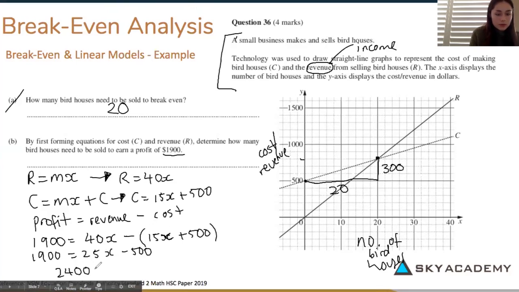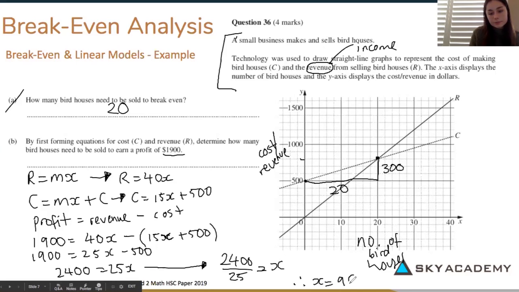Just going to continue it over here because I've run out of space. Now I'm going to divide 2,400 by 25 to equal x, and therefore x equals 96. So when 96 birdhouses are sold, they will earn a profit of $1,900.